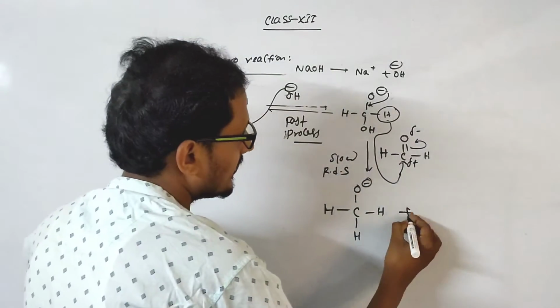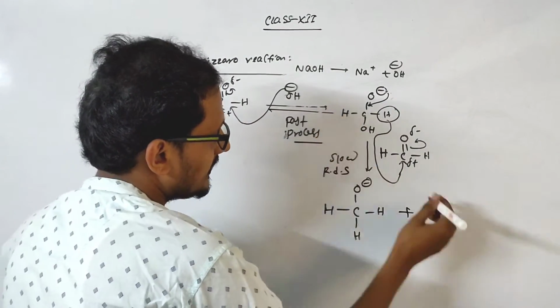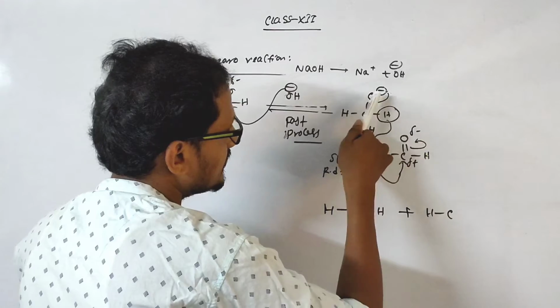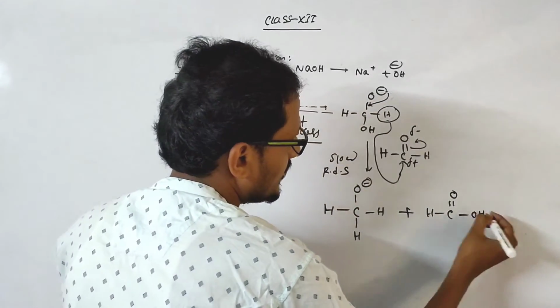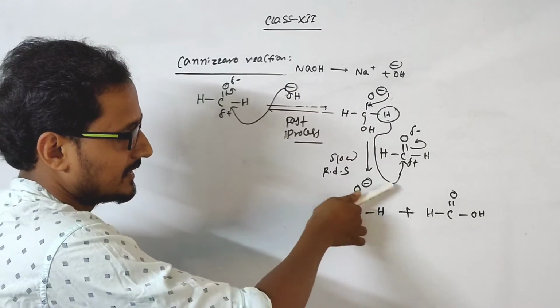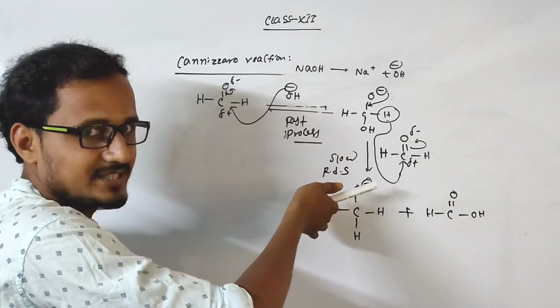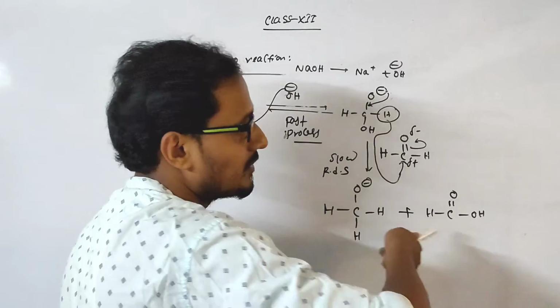Again here HC is making a double bond to O, and here it is OH, so it formed an anion, that is CH3O minus, and it formed a formic acid.